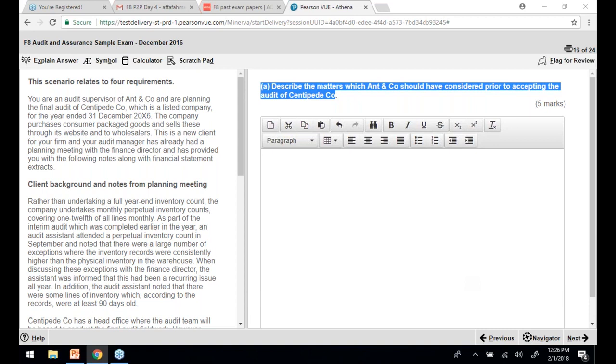There was never a guideline on how many pages you need to write for 4 or 5 marks. So if you're a repeater, this is why you're failing, because you're writing random stuff. There was never a guideline for paper-based and there is no guideline for CBE. You just have to answer the requirement, be it 1 line or be it 5 lines.